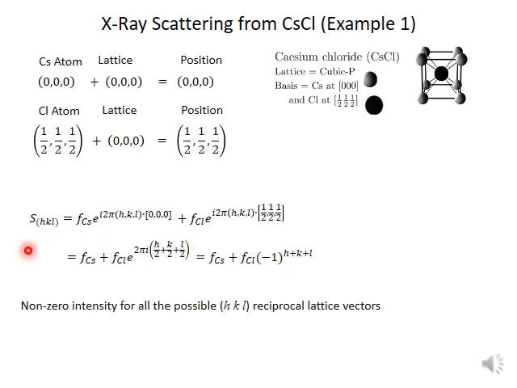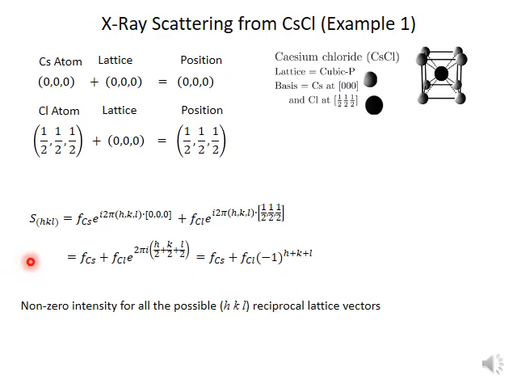Now the next question is, for what combination of hkl would this structure factor be non-zero? And the answer to that problem is that you can put any combination of hkl here, and you would get a certain non-zero value.